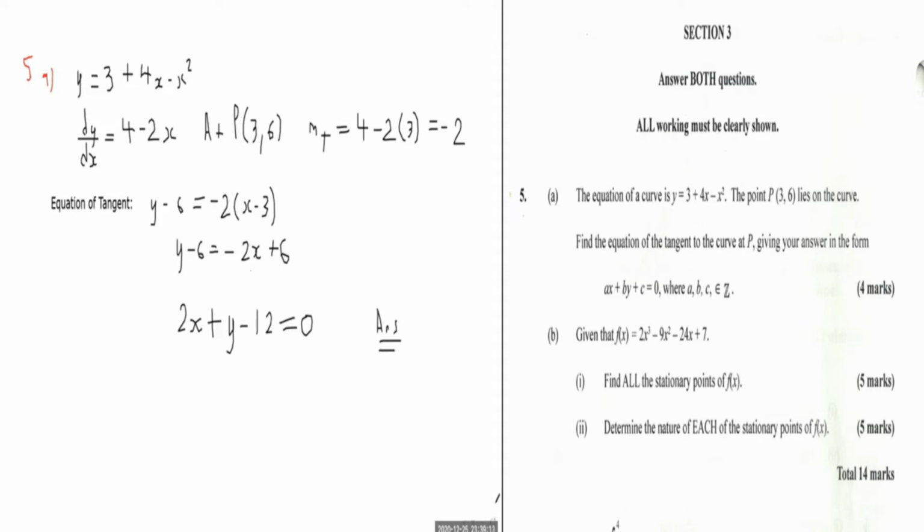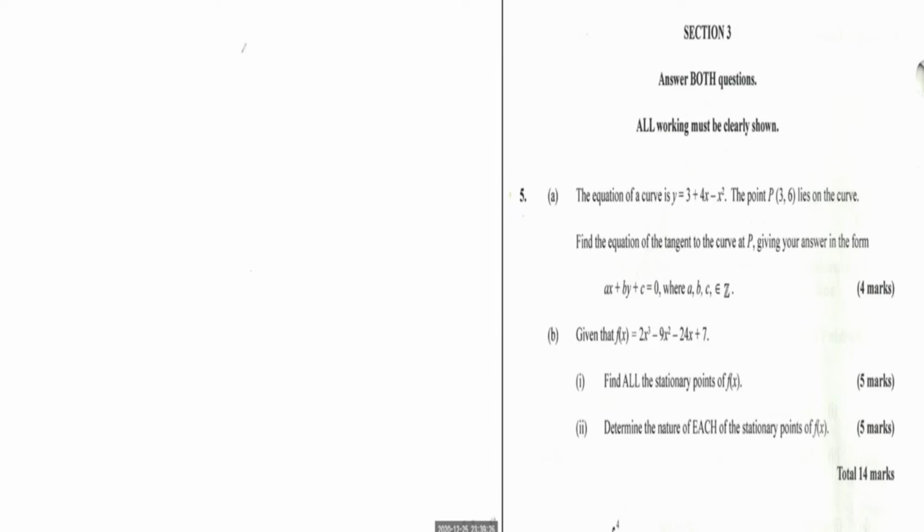Now next it goes to ask us, given that 2x cubed minus 9x squared minus 24x plus 7 is f of x, find all stationary values of f.